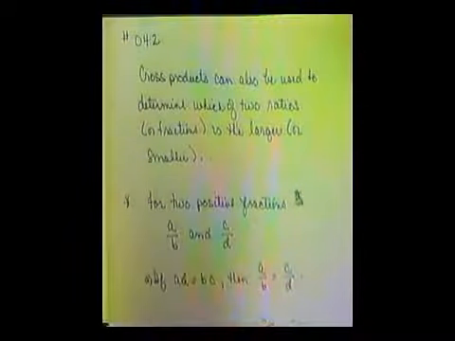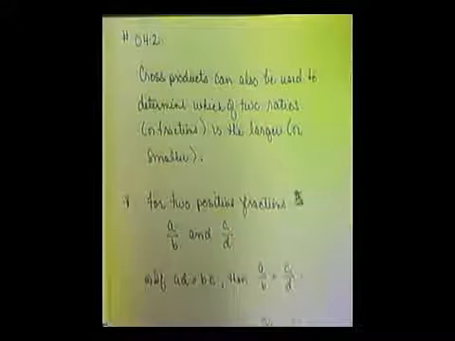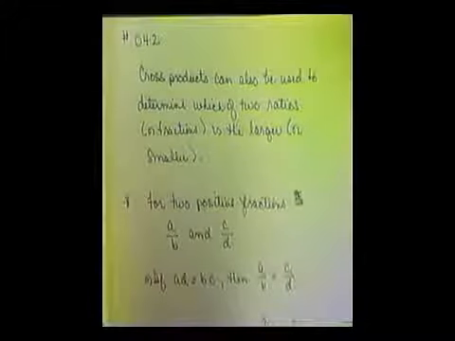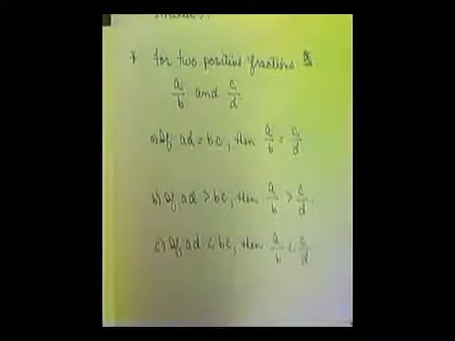This can also be used to determine which of 2 ratios or fractions is the larger or smaller. For 2 positive fractions, a over b and c over d, 3 things are possible. If the product AD is equal to the product BC, then the fractions or ratios are equivalent.